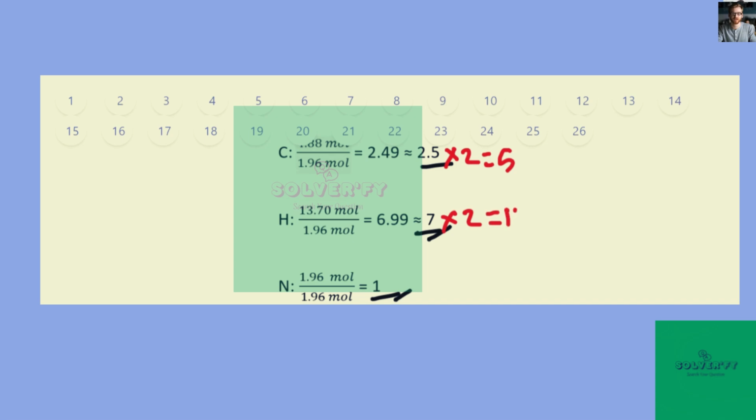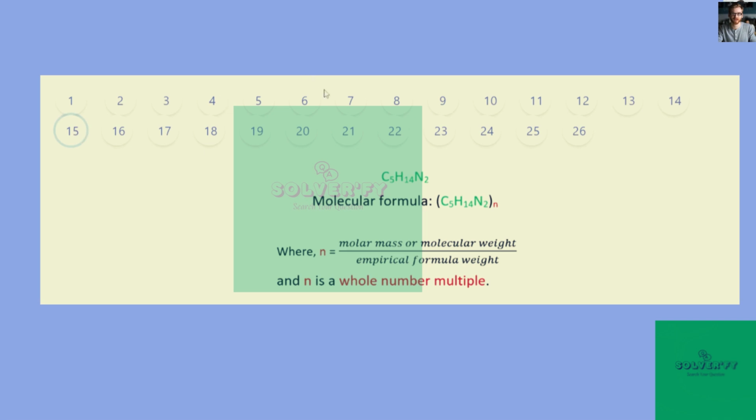So 7 times 2 is 14, and 1 times 2 is 2. The ratio of carbon, hydrogen, and nitrogen is 5 to 14 to 2. That means the empirical formula here is C5H14N2, since we had 5 for carbon, 14 for hydrogen, and 2 for nitrogen.